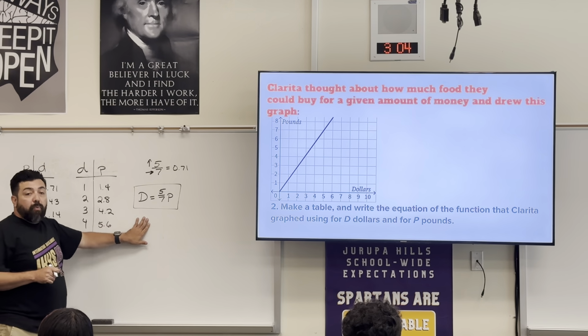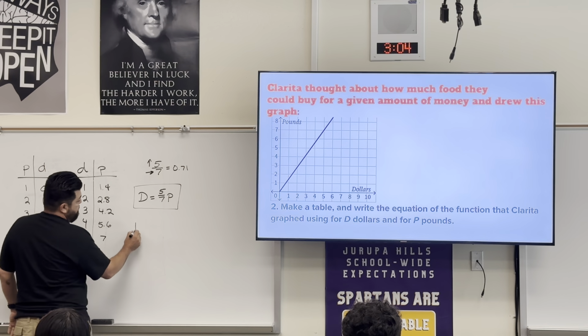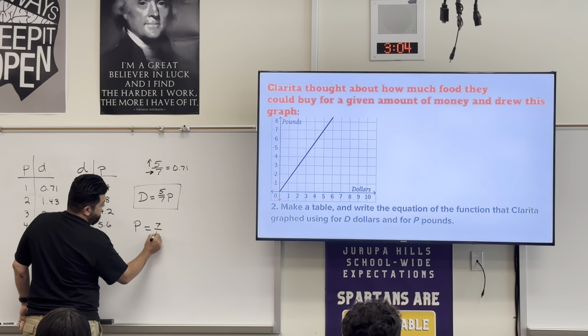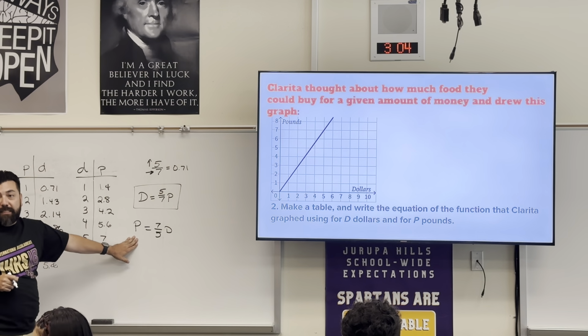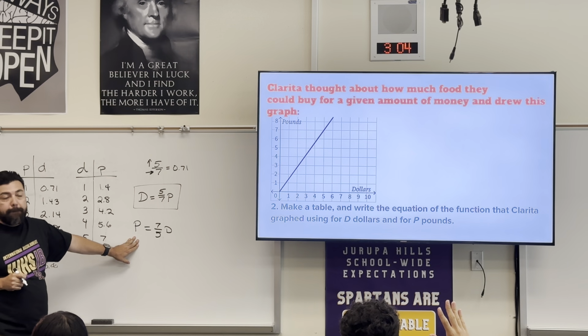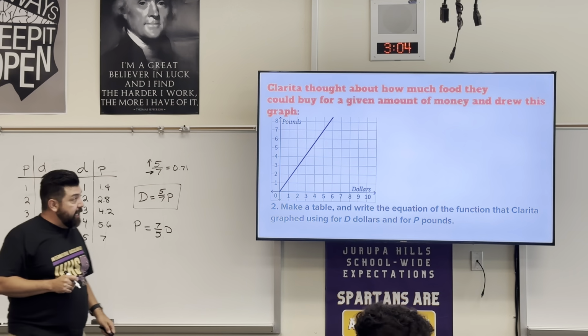Now Vanessa, what is the equation that you came up with? P equals 7 over 5. Did everyone else get the same equation? Yeah? Okay, good. All right, so let me show you what the textbook has.